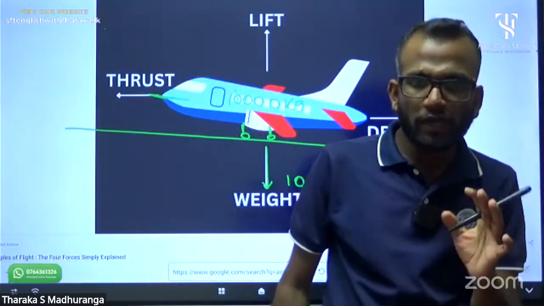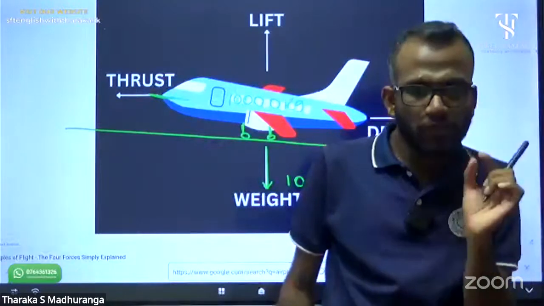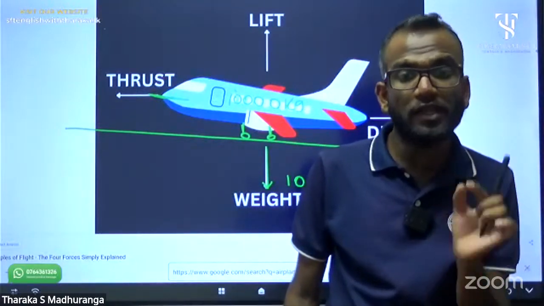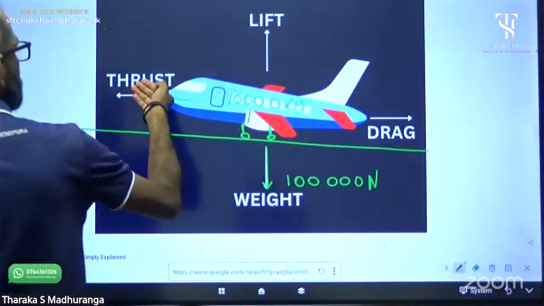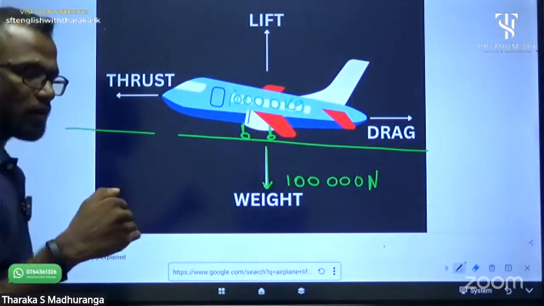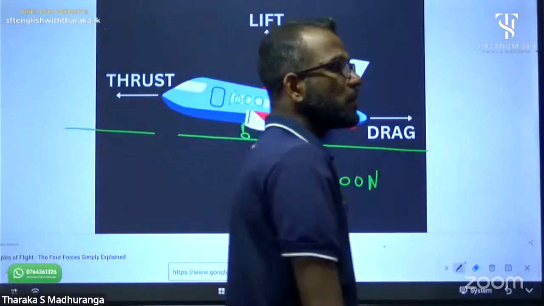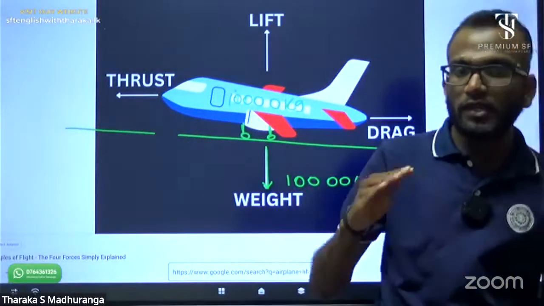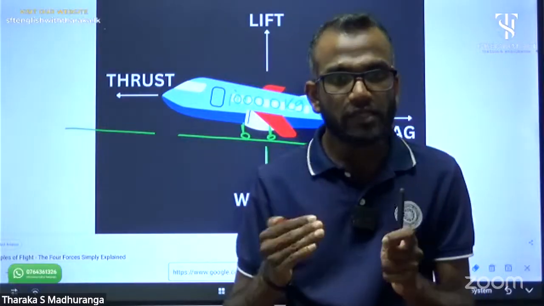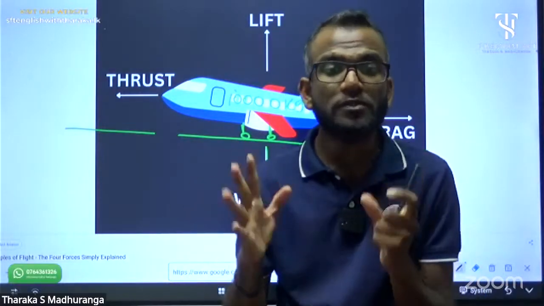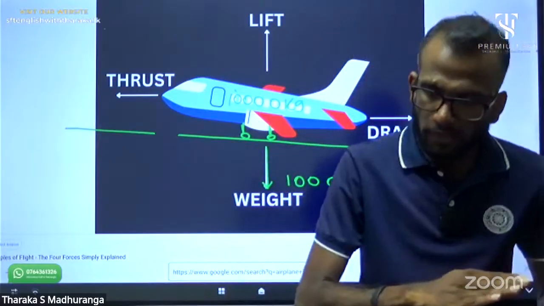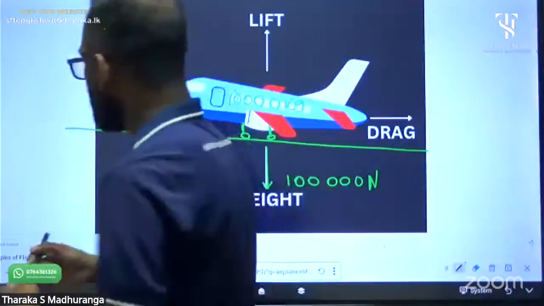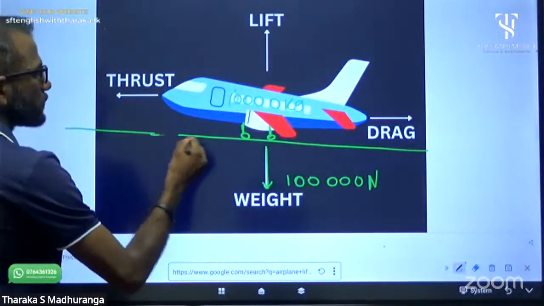Okay, now scientifically you can understand what happens in the lifting of an aircraft. Everyone knows, before lifting an aircraft, what is the requirement? They should maintain some speed, no? The plane has to gain speed by its wheels.